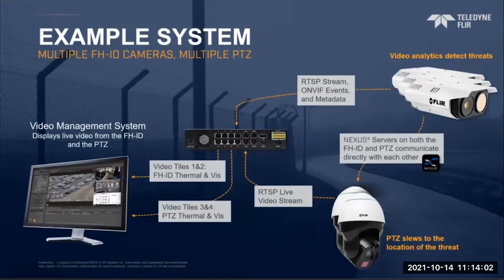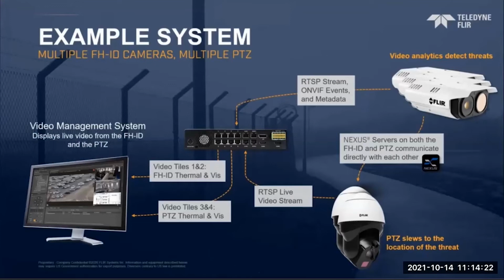And you can see on the left-hand side, or as it goes towards the left, the Nexus server is not the only communication, right? The cameras communicate via our TSP stream and ONVIF events into the network, which can then be integrated right into the VMS. You can see Latitude 9 showing right here, but we can have two different tiles, one for the thermal, one for the visible.